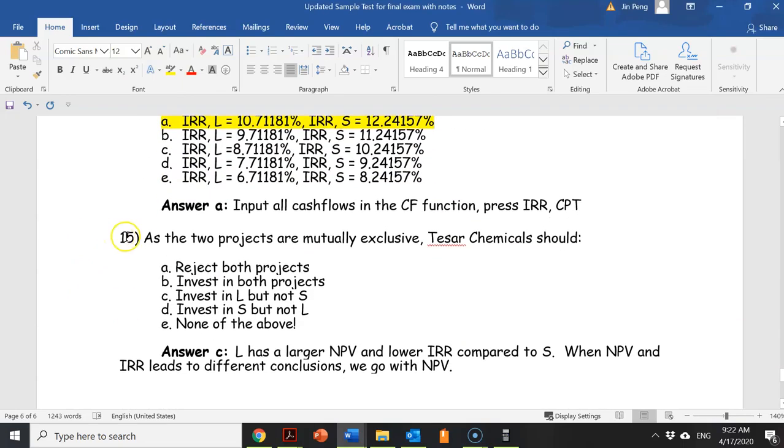Question 15. As the two projects are mutually exclusive, this firm should reject both projects, invest in both projects, invest in L but not S, or invest in S but not L, or none of the above. Because these two projects are mutually exclusive, we can only choose one of them.